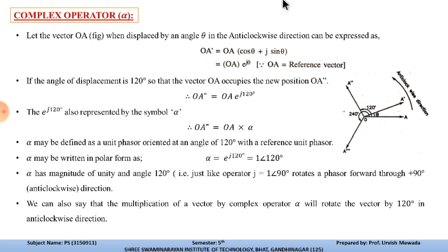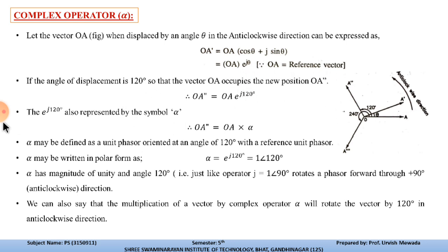So we can write cos theta plus j sin theta in the exponential form, that is OA into e raised to j theta, where OA is the reference vector. And if the angle displacement is 120 degrees, then it becomes OA into e raised to j 120 degrees, which occupies the new position called OA double dash.